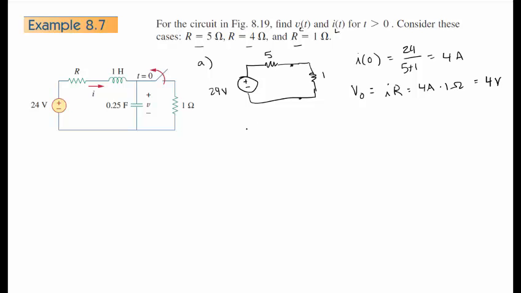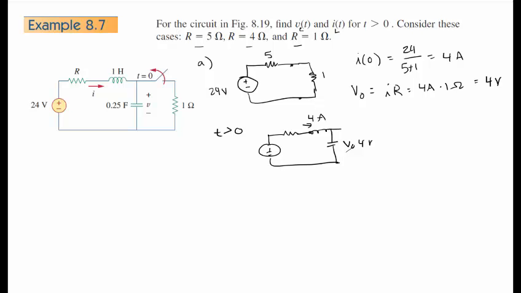So at t greater than 0, strangely enough, we still have this 24 volts in here, and we have this R, and we have this inductor, and we have this capacitor. The capacitor has an initial voltage on it of 4 volts. The inductor has an initial current here of 4 amps, and we still have 24 volts, and it's a series circuit.